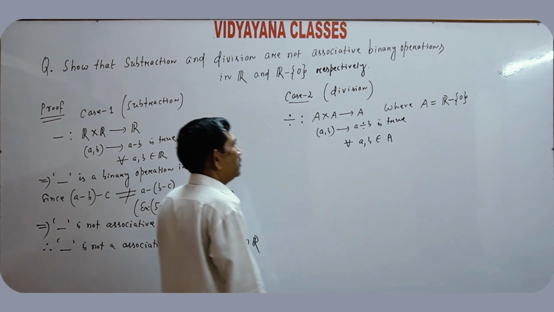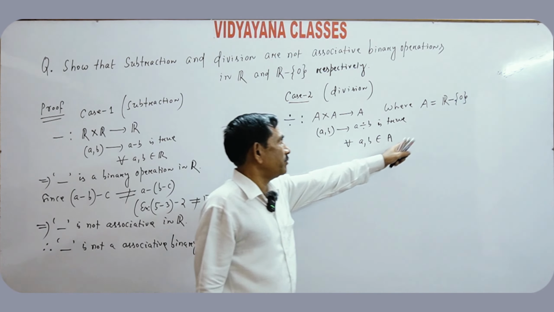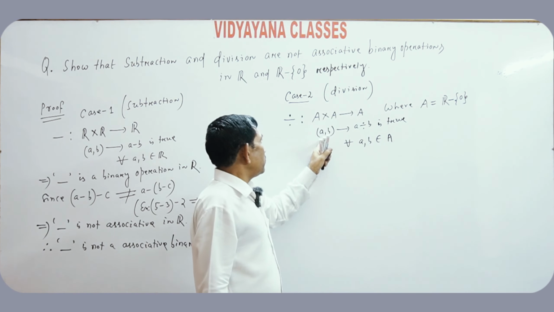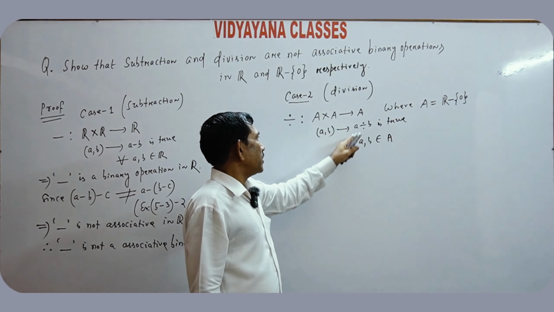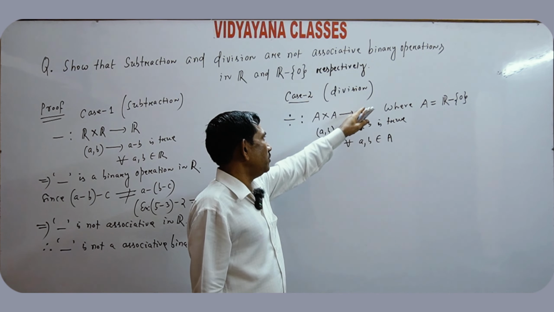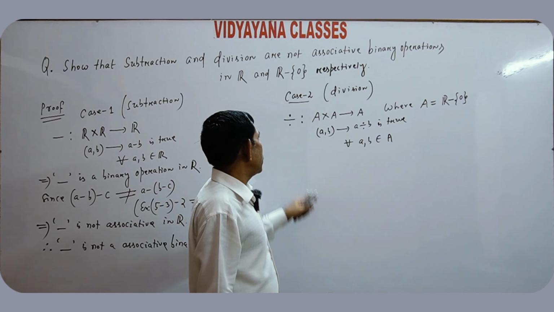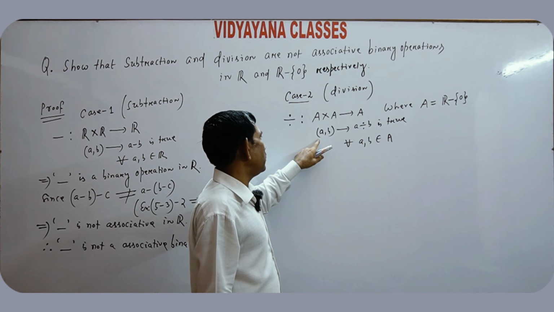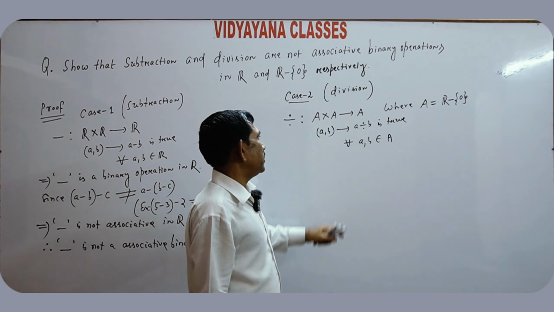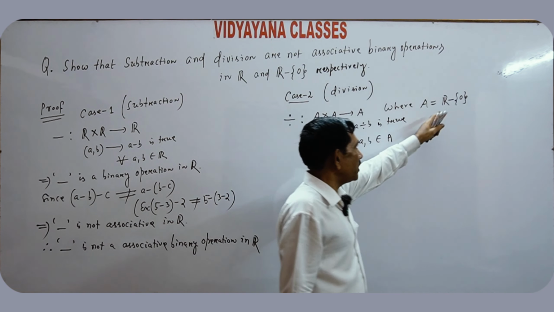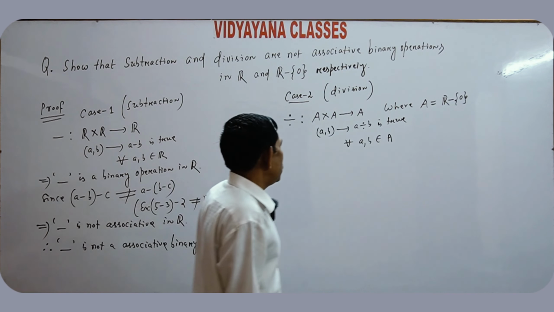a and b belong to A. That means R minus the set {0}. The ordered pair (a, b) belongs to A cross A. a division b belongs to A for all a and b belonging to A. That means division operates on the ordered pair (a, b) and gives a division b, which belongs to A. A means R minus the set of 0. It is always true.